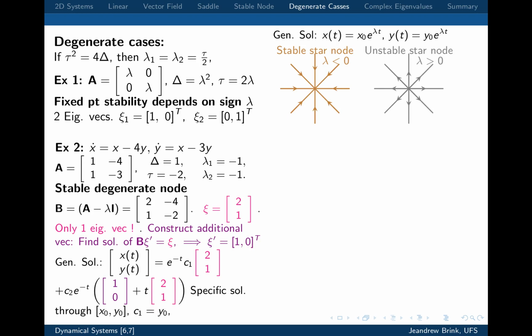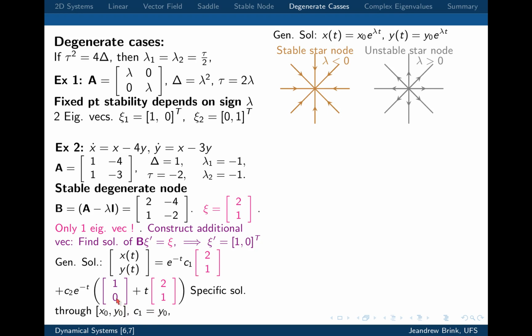Okay, once again, to get the specific solution through x0, y0, you do the same thing. You simply say at time t equals 0, y0 is equal to c1, right?